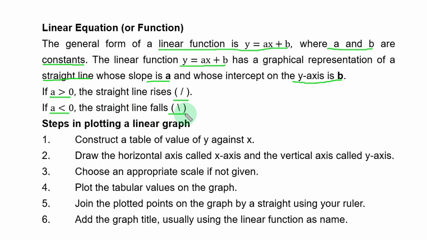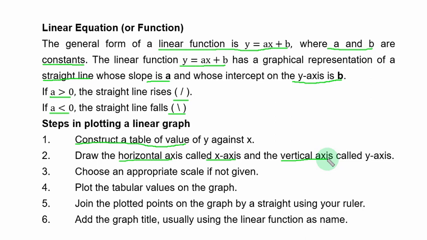Steps in plotting a linear graph. 1. Construct a table of values of y against x. 2. Draw the horizontal axis, that is the axis for x, and the vertical axis called the y-axis. 3.